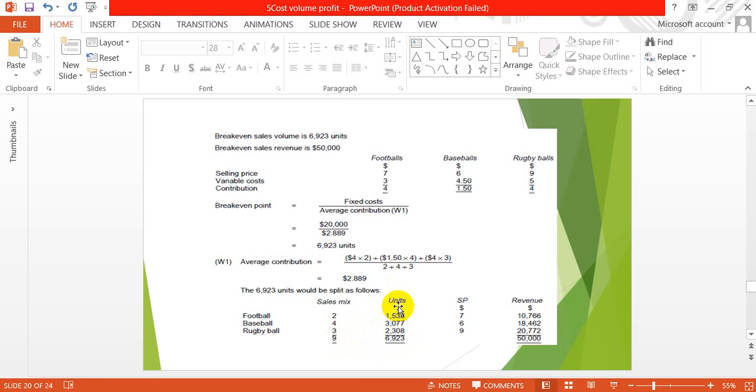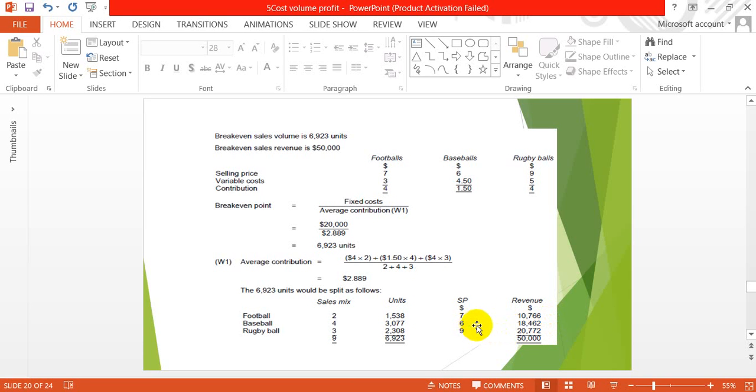Once we get the prorated units for each, then we multiply that by the selling price. The selling price for the footballs, which we have here, was 7. So 7 times 1,538 gives us 10,766 as the revenue required for us to break even with the footballs.